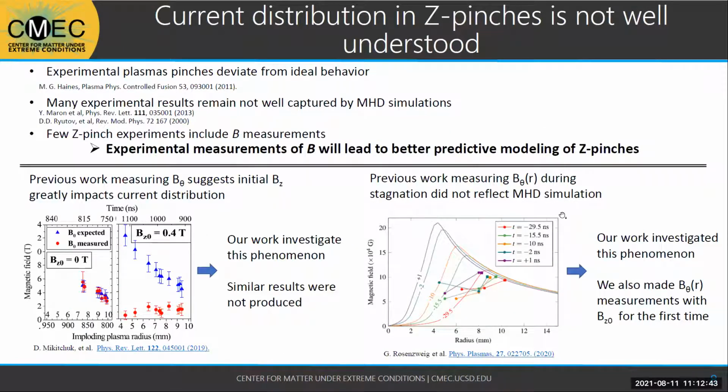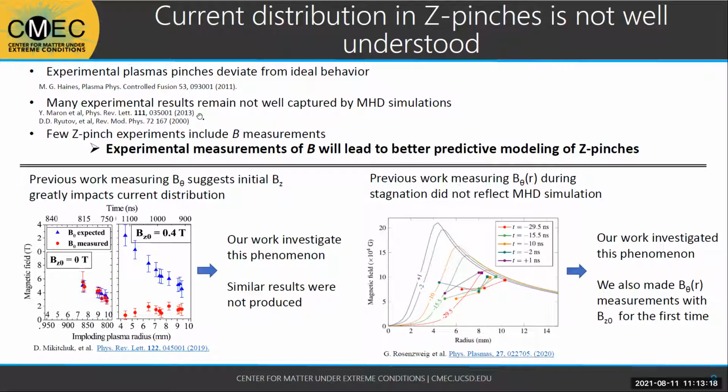So, getting into more about why that's important to study: the most basic models of Z-pinches are often not well reproduced from ideal behavior. One example is this paper by the Weizmann Institute, where they found that most of the actual pressure balance during the stagnation phase is not the magnetic field's doing.